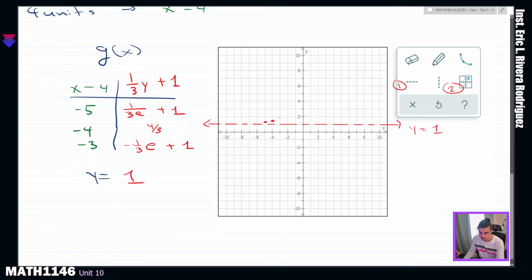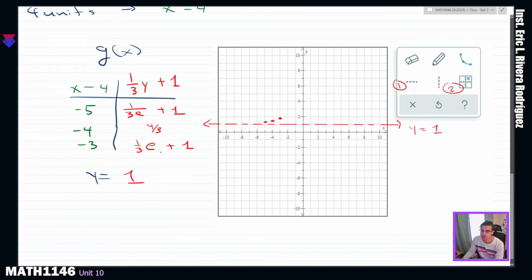There should be no negative here. Okay, now it will make more sense. It will be around here. Again, my bad, I made a mistake. I added a negative where it doesn't belong. Here, at the third point, the y value of the third point should be positive 1/3 times E plus 1. Okay?